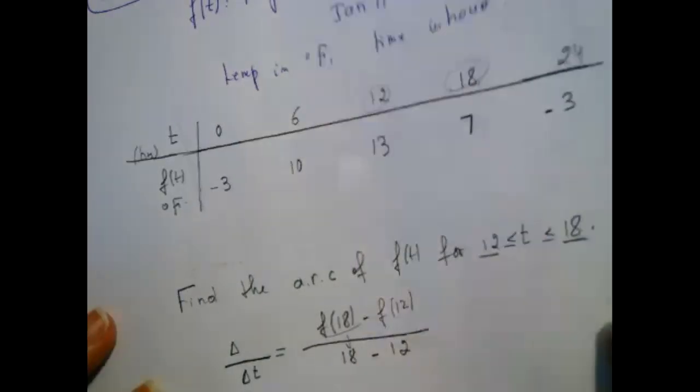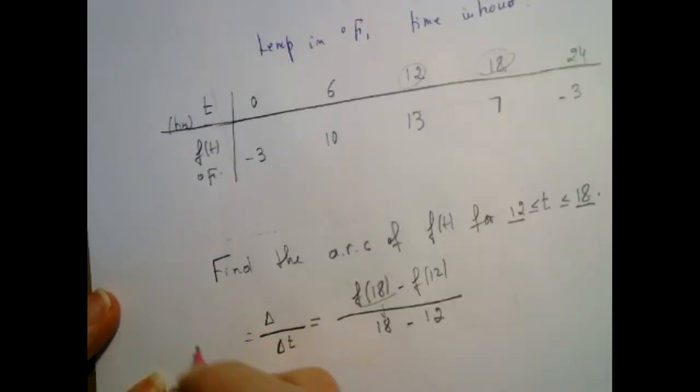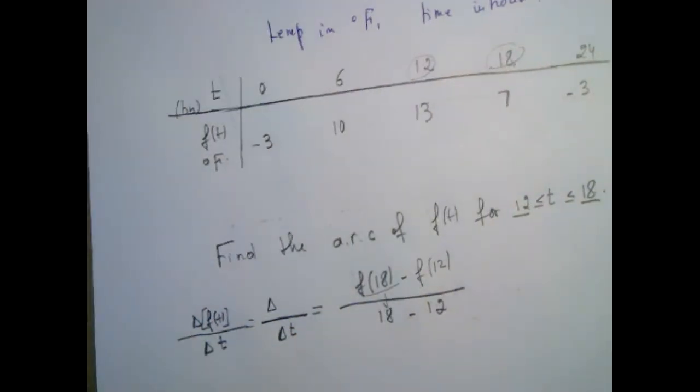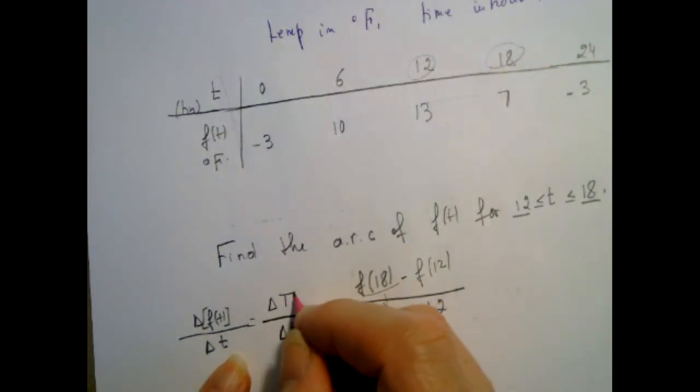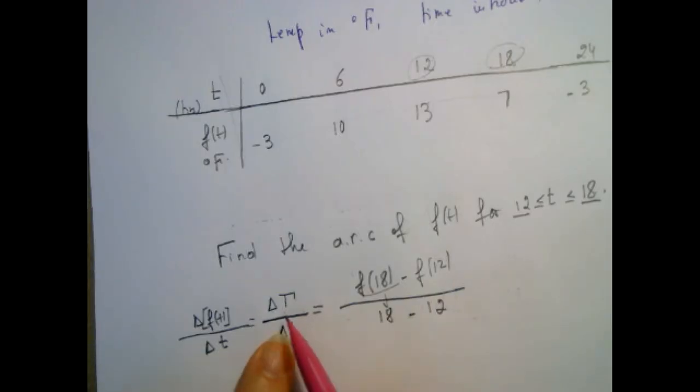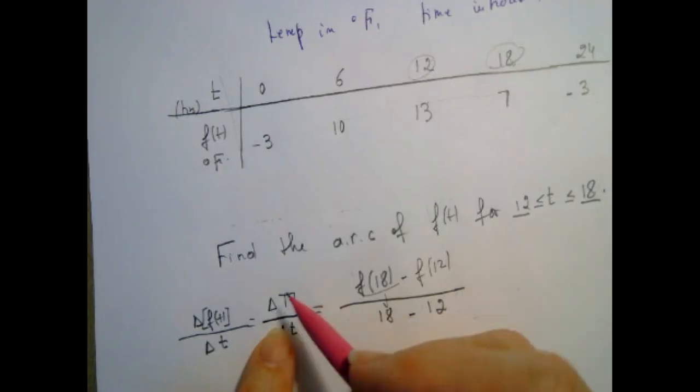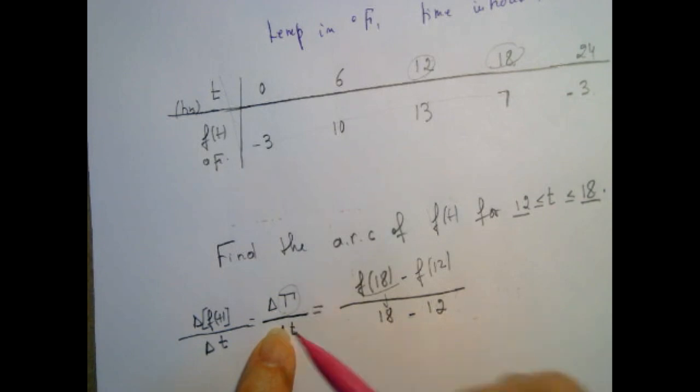Okay, you can put delta f of t. Absolutely correct. Another letter you can create your own is capital T. Why does this also make sense? Why do you think this capital T is a good notation? What does the T reflect?